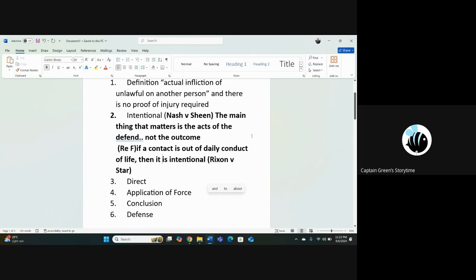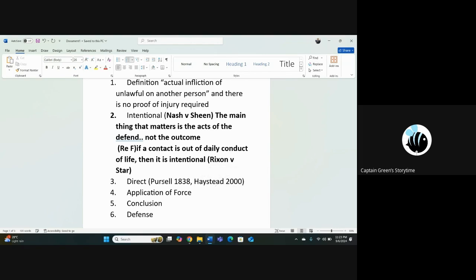Now, coming towards the third element, which we studied regarding the directness of battery. In directness, we stated that the harm caused to person B must be due to the actions of person A. And we also studied the two important cases present on the lecture one slides. Note these cases: Purcell 1838 and Haystead 2000.